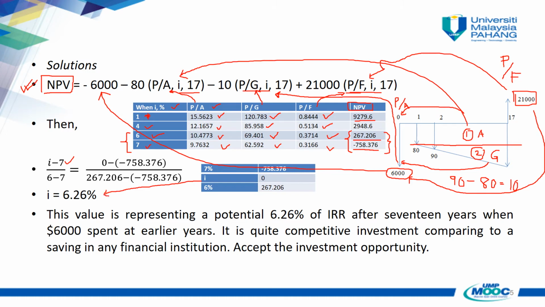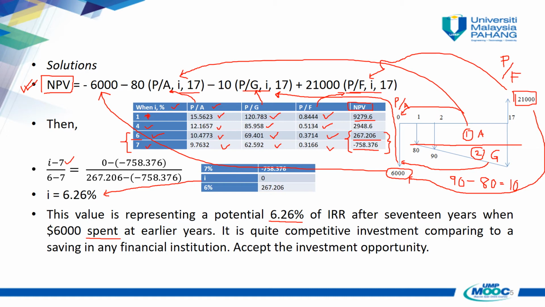After we interpolate this, our value will become I equals 6.26%, between 7 and 6% interest rate. So this value represents a potential IRR of 6.26% after 17 years, when 6,000 was spent in the earlier years.